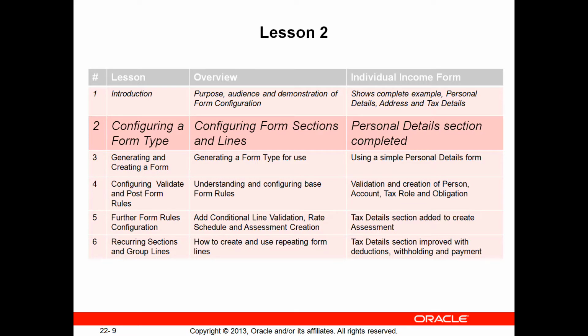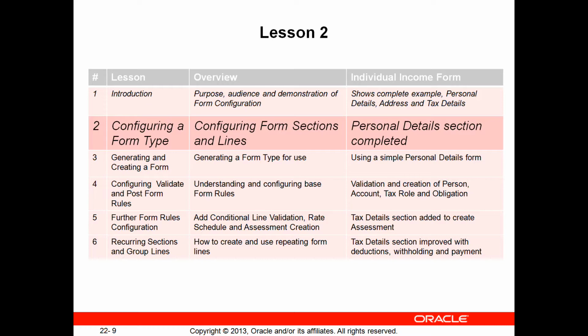Lesson 2 is dealing with configuring a form type. There we're going to go slowly through a simple example of adding in some sections and lines. We're not going to be continuously showing adding sections and lines and all the configuration. Most of the time throughout these lessons we'll show you the final product at that stage and then describe how we did it.